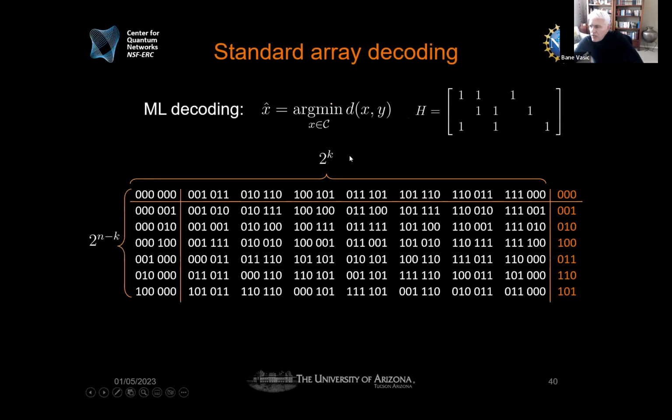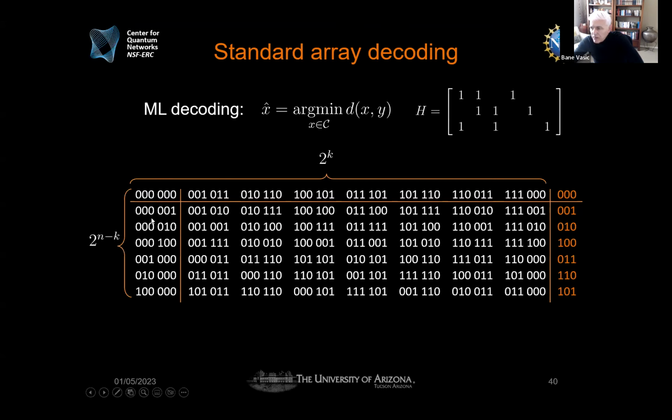So what I can do is to write what is called a standard array. I can create a table that has 2 to the k columns, and in the first row, these are all code words, and in the first column, I will write low weight error patterns.